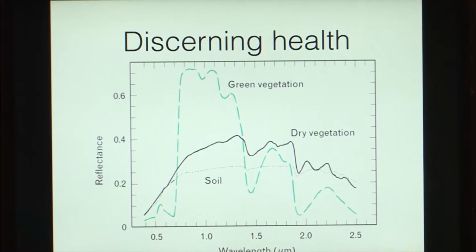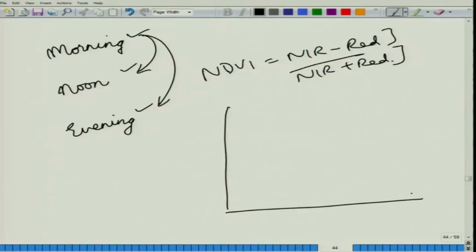So, for instance, the green vegetation, dry vegetation and soil are shown in this chart. Green vegetation shows us the generalized reflectance curve, reflectance versus wavelength. In the case of a green vegetation, it would go like this.